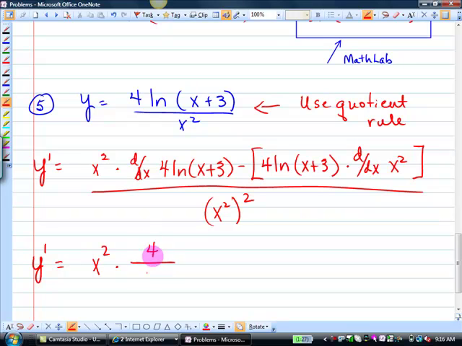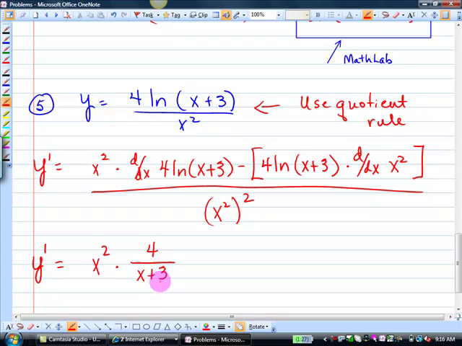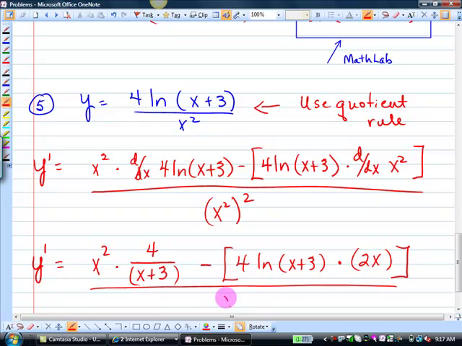So 4 over x plus 3. And you would multiply by the derivative of that, but it's 1, so we don't even need to worry about that. Okay? Minus 4 ln x plus 3 times what? 2x over x to the 4th.